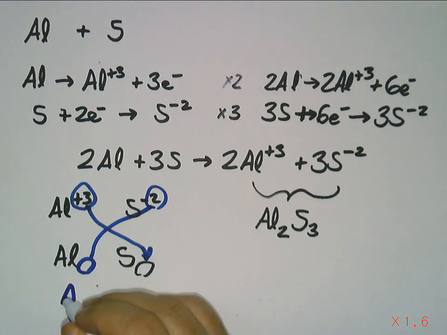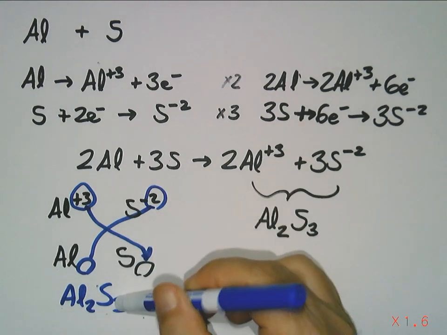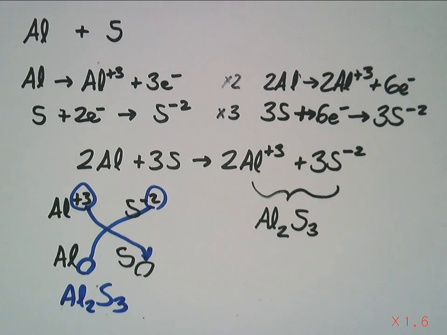I'll get Al2S3. That's a quick and dirty rule that you can use. Swap the charges as subscripts to get the formula of the ionic compound that comes from this. We're going to be practicing this a lot more in later videos, especially the ones where we're learning to name ionic compounds.